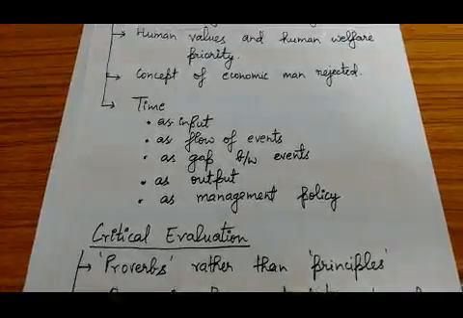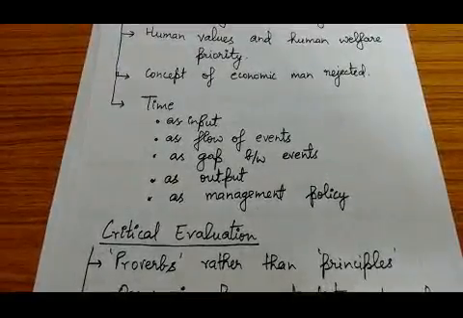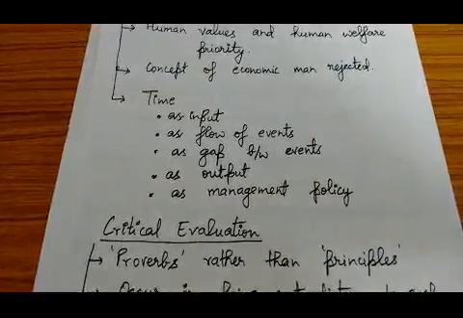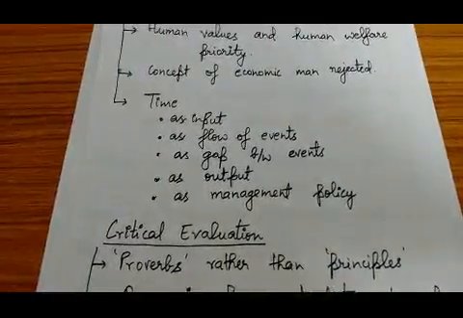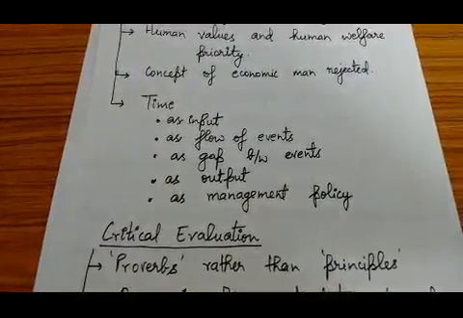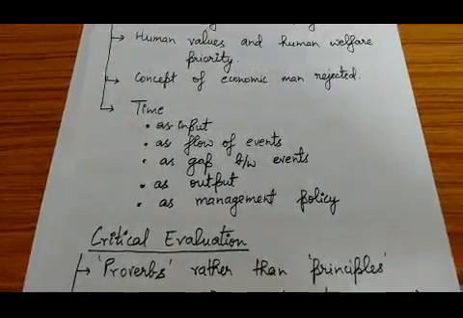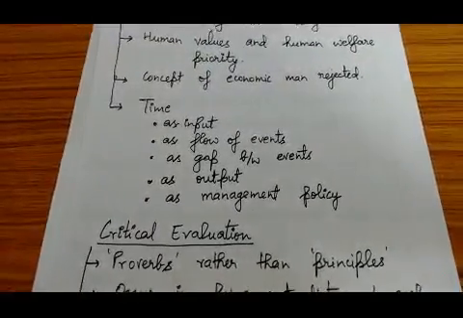So this way you can understand time. If timing is not right and something is brought in at that time, it may totally fail. I will give you a historical example. Muhammad Tughlaq changed his capital from Delhi to some place like Murshidabad. The timing was not right, and he had to regret his decision.